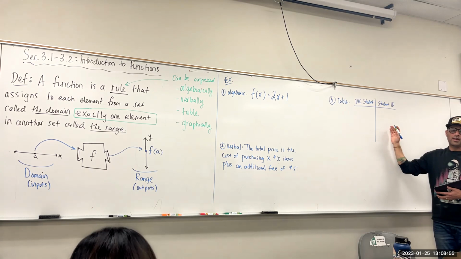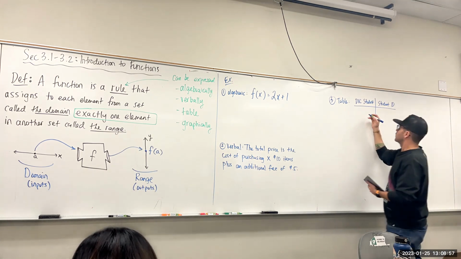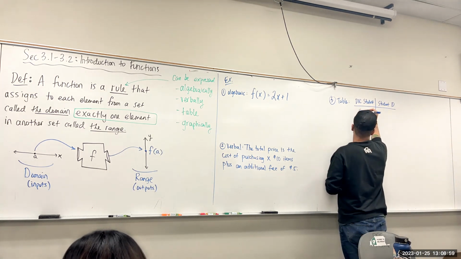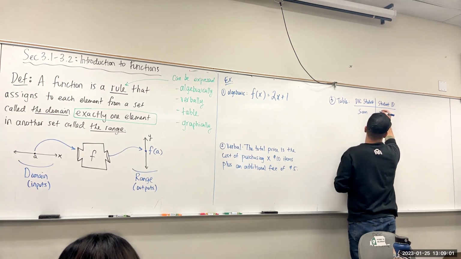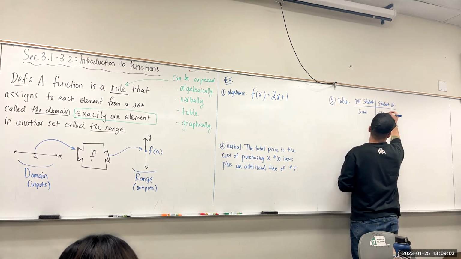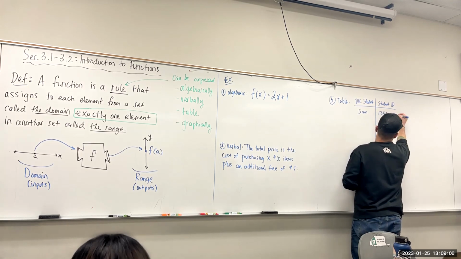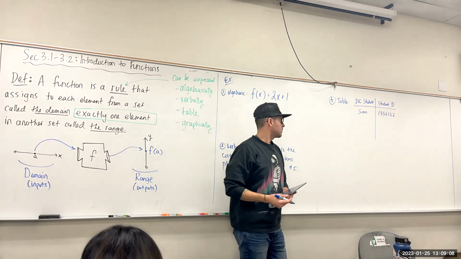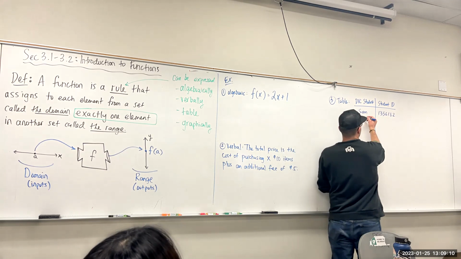Don't give me your actual student ID, okay? Let's say there's a student named Sam, and I'm just going to make it up: 1356182. And then so on, whatever these are.